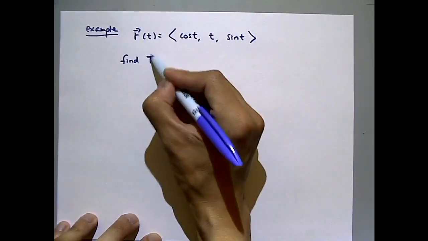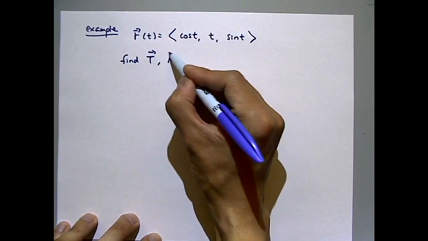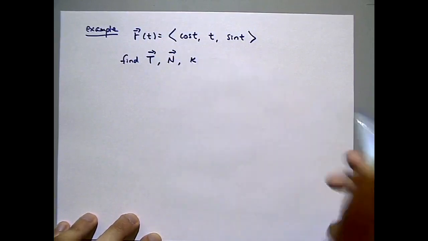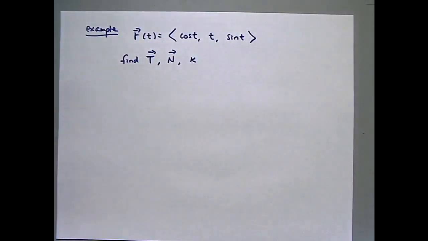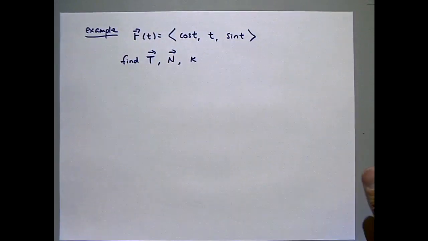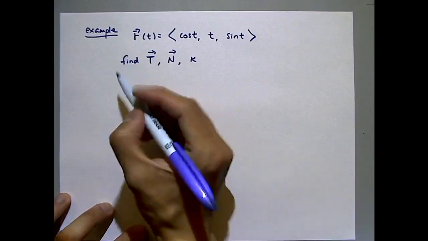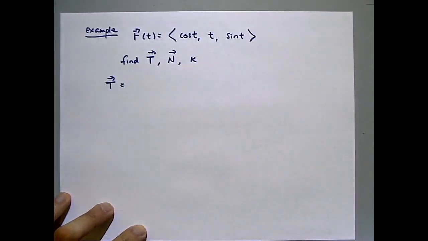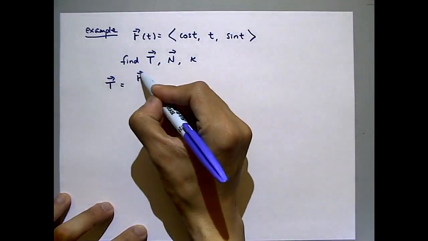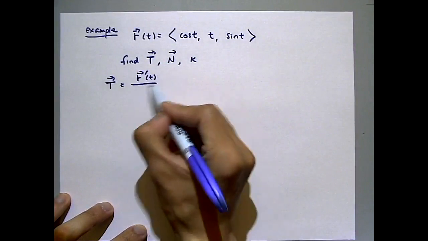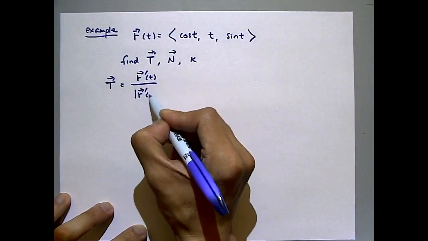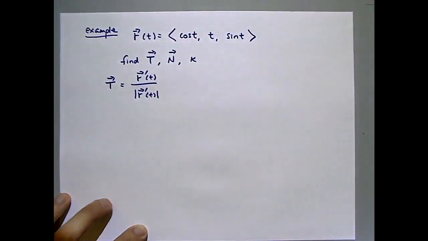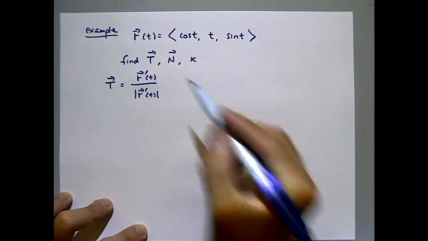Let's find the unit tangent, the unit normal, and kappa. Okay, the unit tangent is very simple. It's the tangent vector divided by its magnitude. It's how you would make any vector a unit vector.